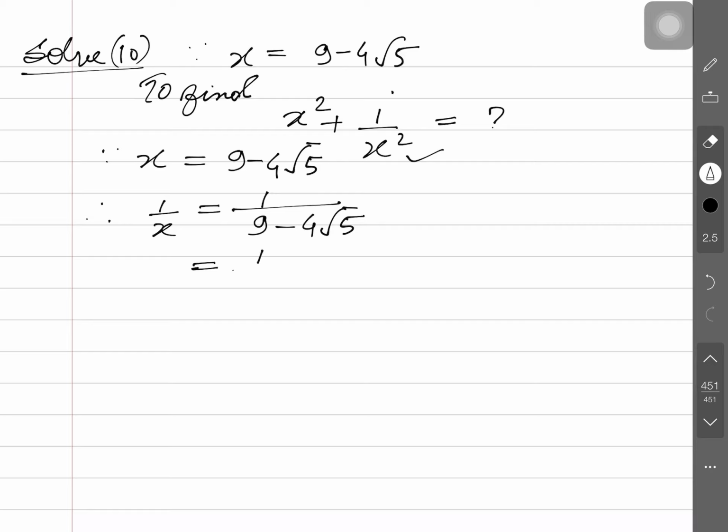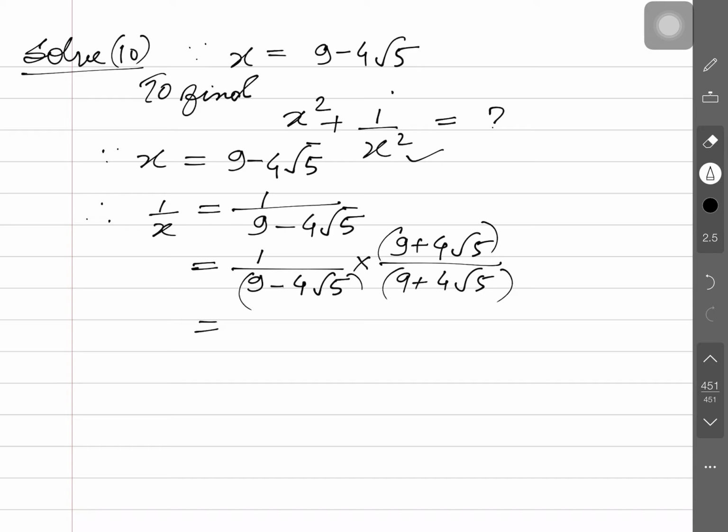So, what is the process of rationalization? 9 minus 4 root 5 into 9 plus 4 root 5 divided by 9 plus 4 root 5. Is this clear? So, this is the pattern a plus b, a minus b. So, it is 9 square. I think it is not a new concept coming up here.